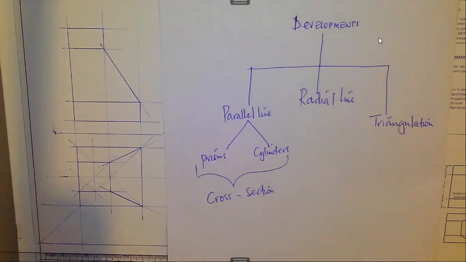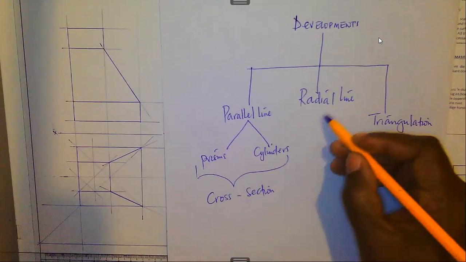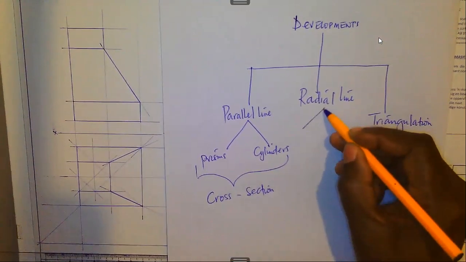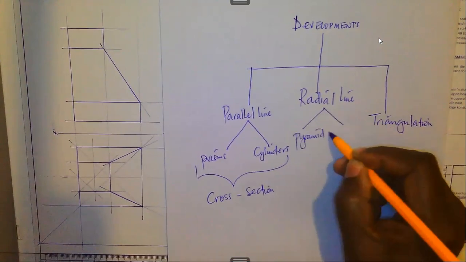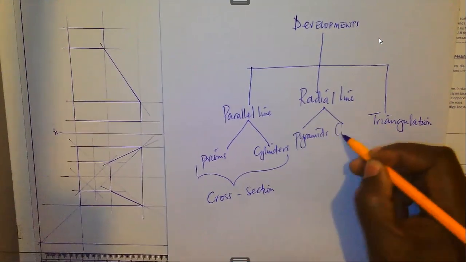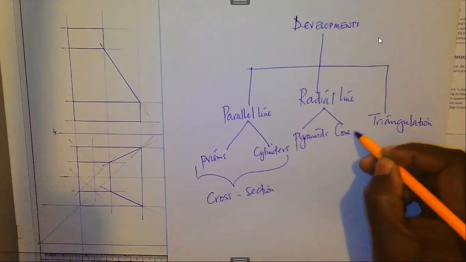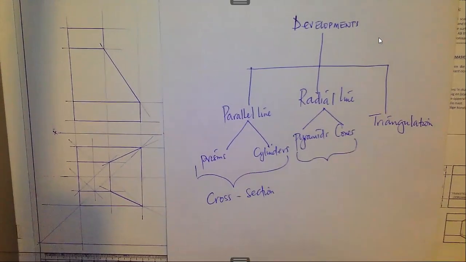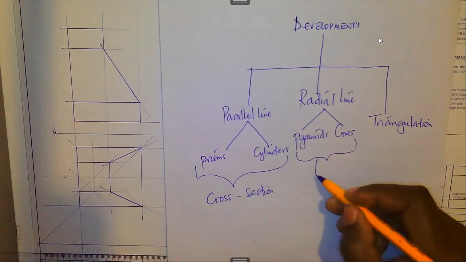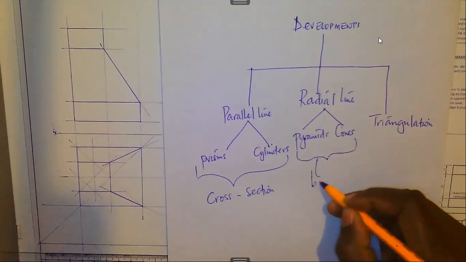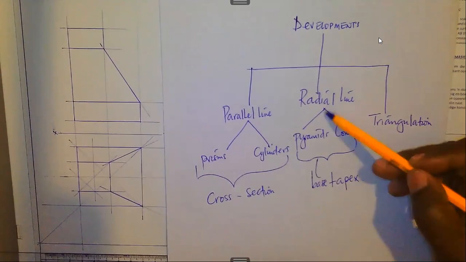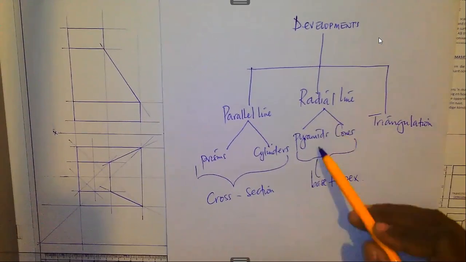Now, the radial line method is mainly to do with pyramids and cones, and there's a specific characteristic about these. They are defined by a base plus an apex. So this radial line method is applicable to pyramids and cones.